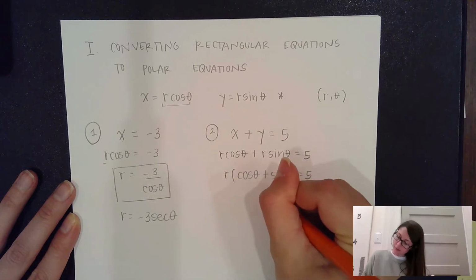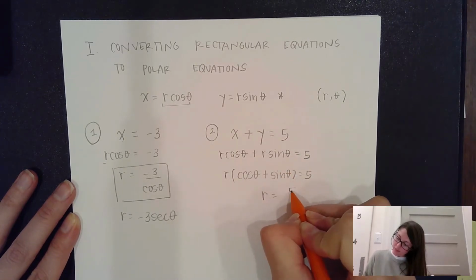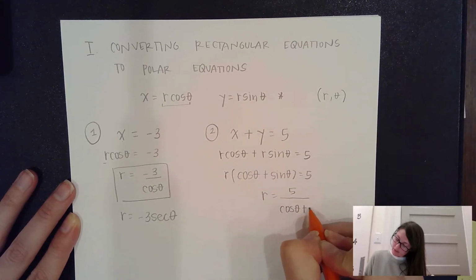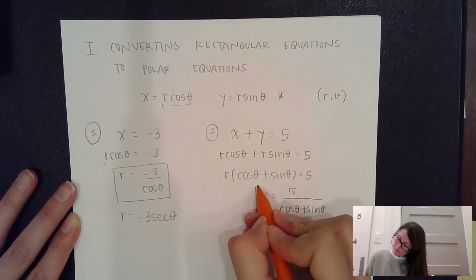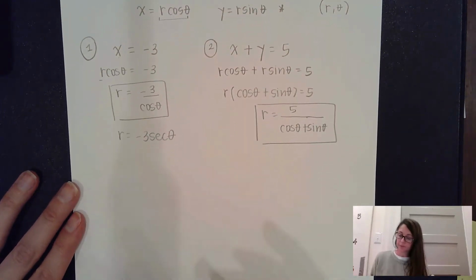And then I'll divide both sides by cosine of theta plus sine of theta. So this is going to be 5 over cosine of theta plus sine of theta. Good deal.